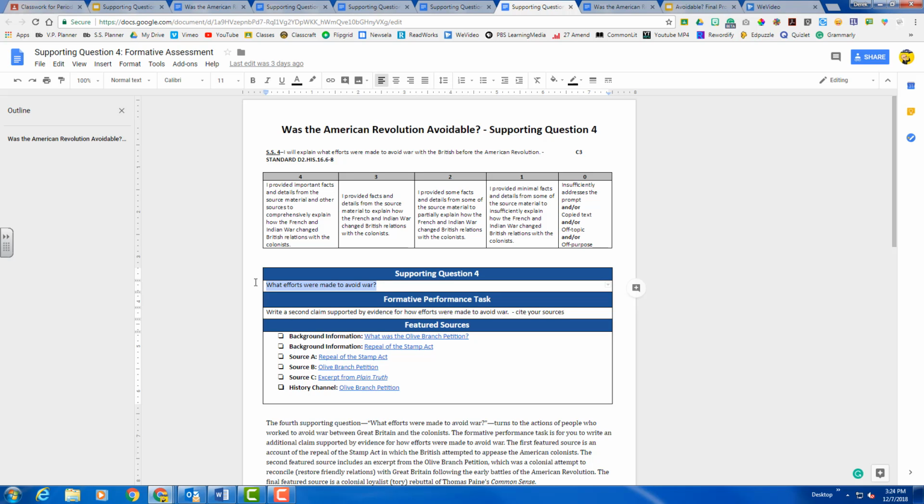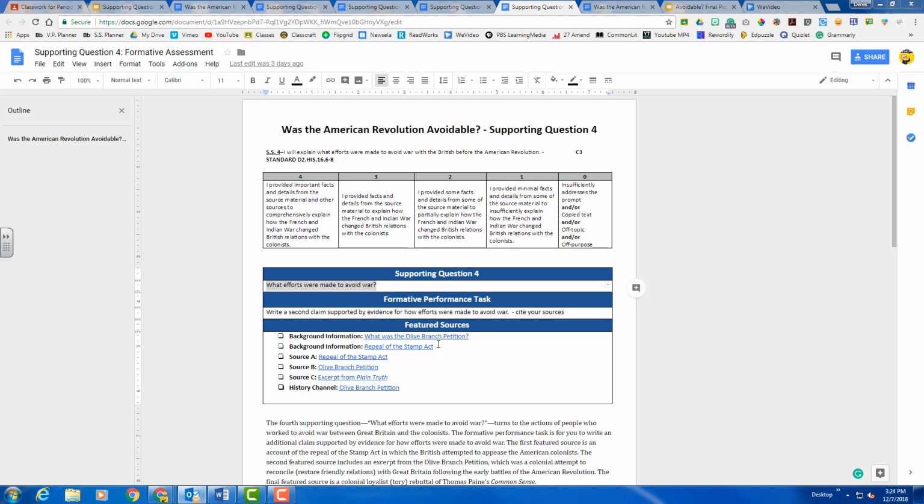Now this one again, I'm trying to give you a chance to create your own graphic organizer, so I did not provide you with a graphic organizer for this one, but you should make your own. And this graphic organizer should deal with the idea of what efforts were made to avoid war. What did the colonists and British do to try to avoid war from happening?